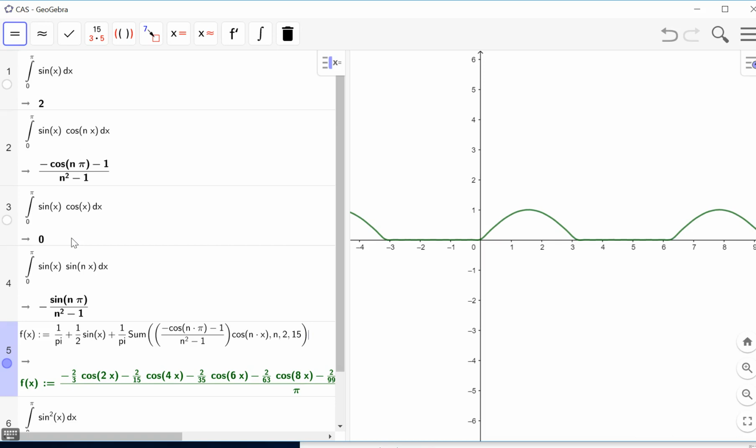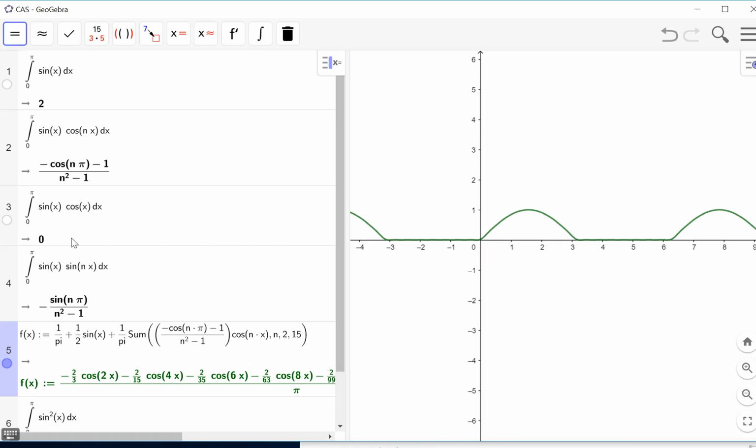Because we said that whenever n was 2 or bigger, all of these were 0. You agree? So only the n equals 1 term survived for the b's. And I used 1/2 because the answer was pi over 2, and we divide by the period, which is pi.